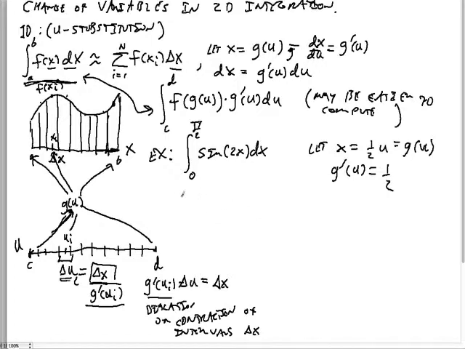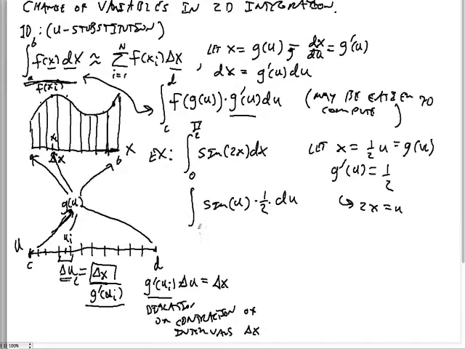And that means we can change it then. It goes sine, wherever I see a 2x, which is the same thing as saying 2x is equal to u, I can put a u in its place. And then wherever I see a dx, I put 1/2, that's g prime, times du. And then all we have to do now is map to a new u space.